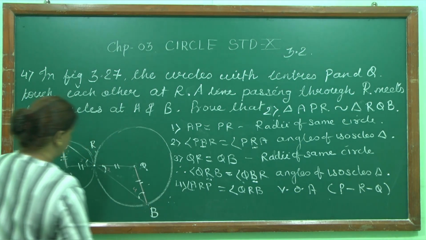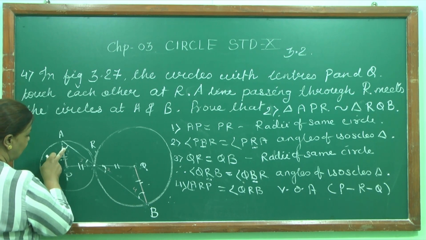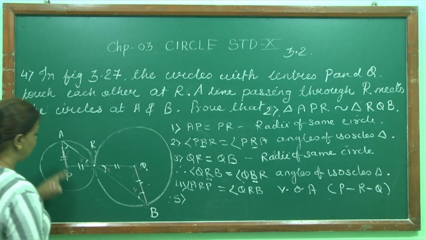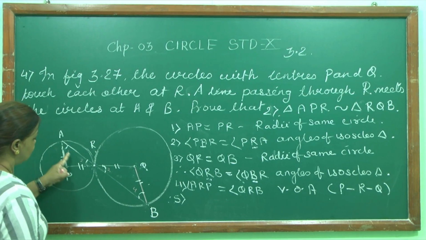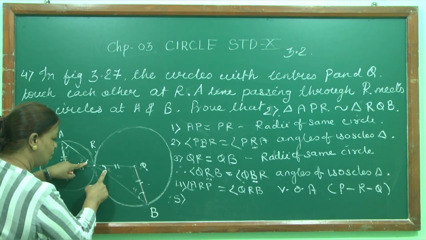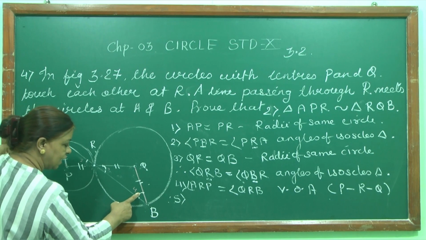Now what happens? These two angles are equal to one another, and angle A is equal to angle B. Now fifth point would be, since all these angles are equal to one another, therefore angle 1 will be equal to angle 4.